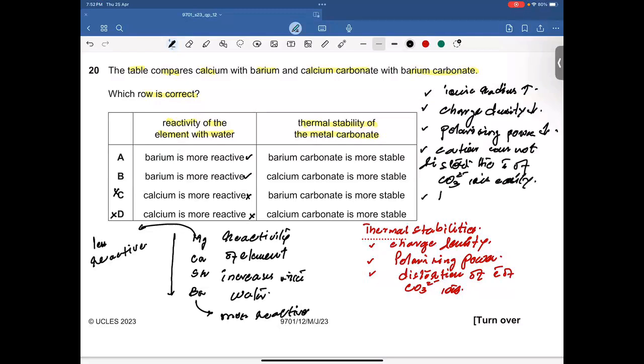Hence, thermal stability increases, as more energy is needed for thermal decomposition. That means barium carbonate is more thermally stable than calcium carbonate. So barium carbonate is more stable, calcium carbonate is less stable. So the right answer is going to be A.